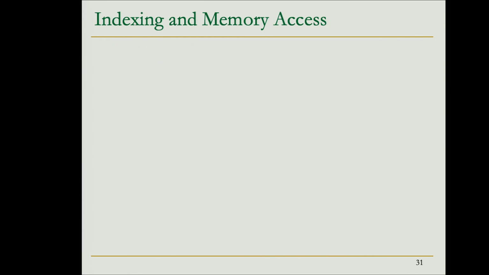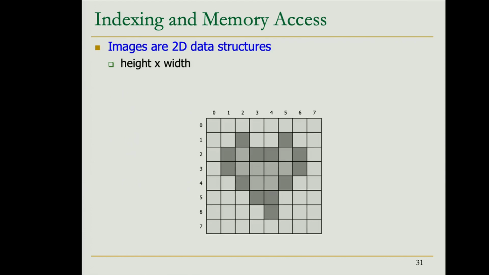Okay, let's start thinking about how we need to map the computation inside our programs by having a running example: simple processing on an image, which is a two-dimensional data structure. As you know, images have a certain height and a certain width. In this case, our beautiful image here is 8 by 8 in size.